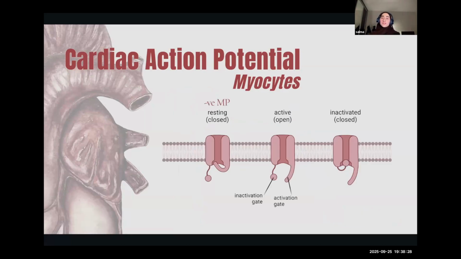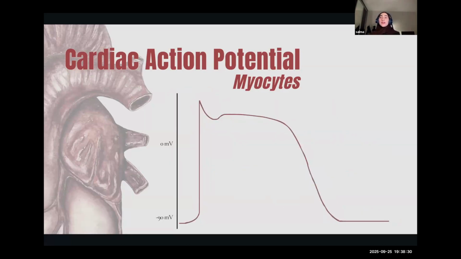I kind of already gave this away, but at which point is the sodium channel closed? You guys can annotate the screen if you like. From which point to which point is your sodium channel going to be blocked? Inactivated. Not closed, inactivated. Up to where?